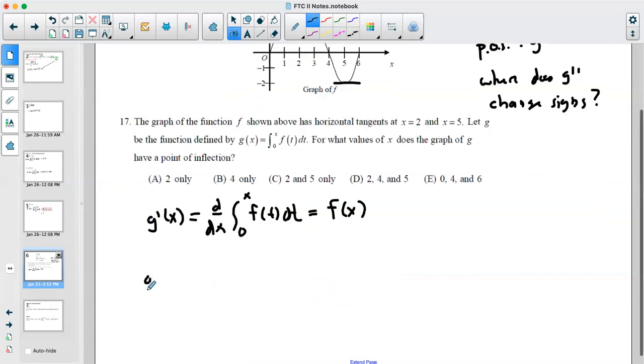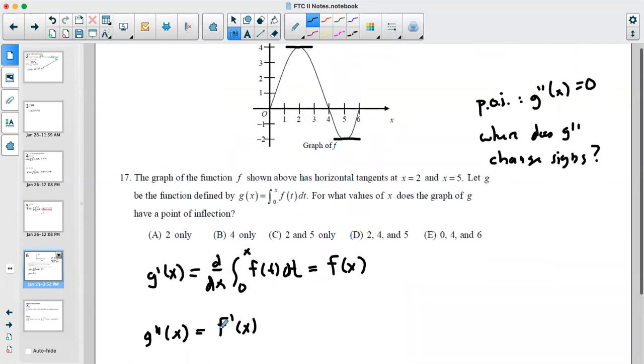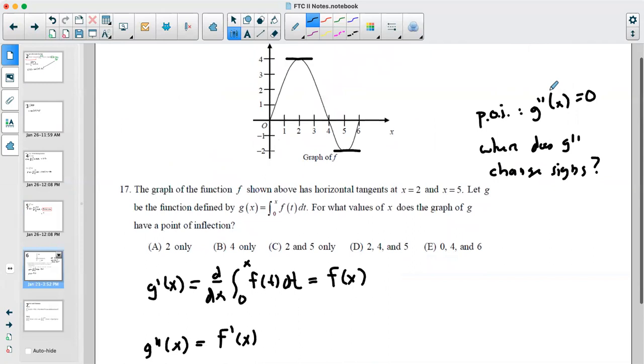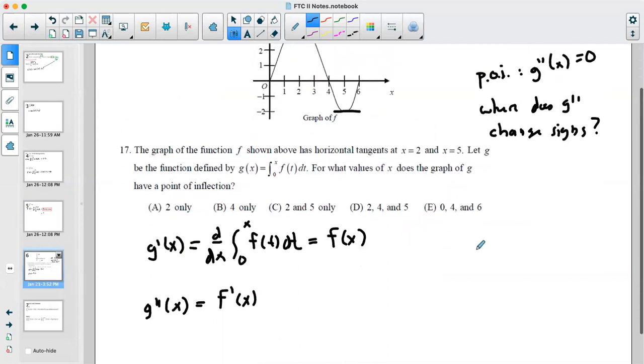Well, I think that means that g double prime must be f prime of x. And now I'm cooking here, right? This is the graph of f, and where g double prime equals 0 is the same thing as saying f prime equals 0, because these things are equal.